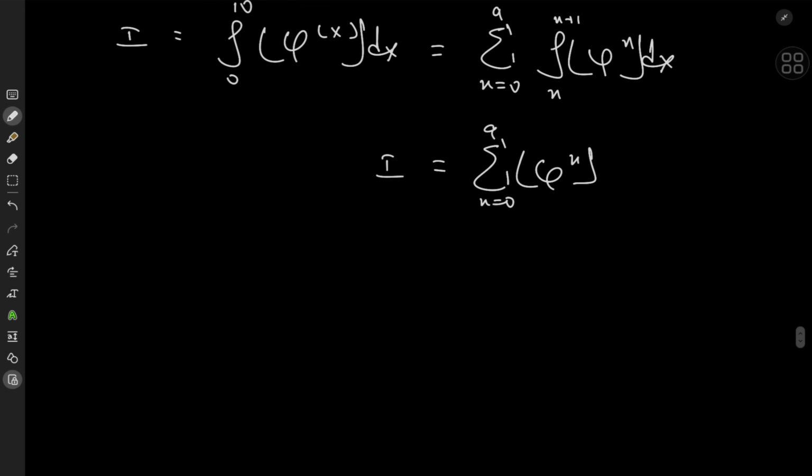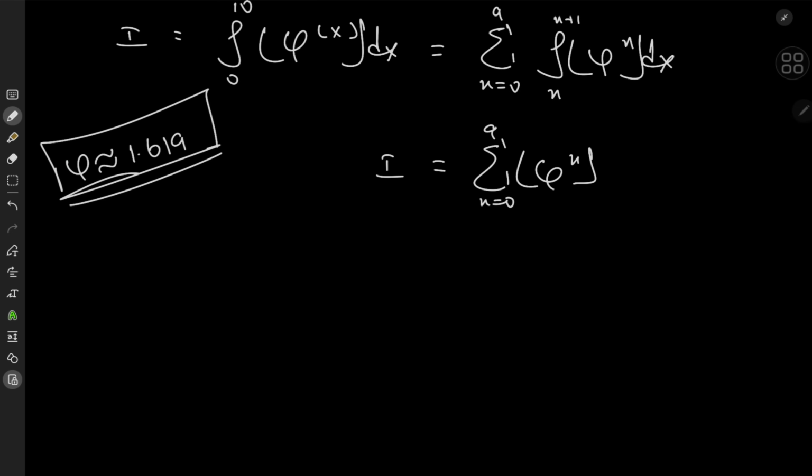Okay, phi is approximately 1.619. Doing approximations now. So like I said, every integer power of phi can be reduced to the linear power, that is phi to the 1.